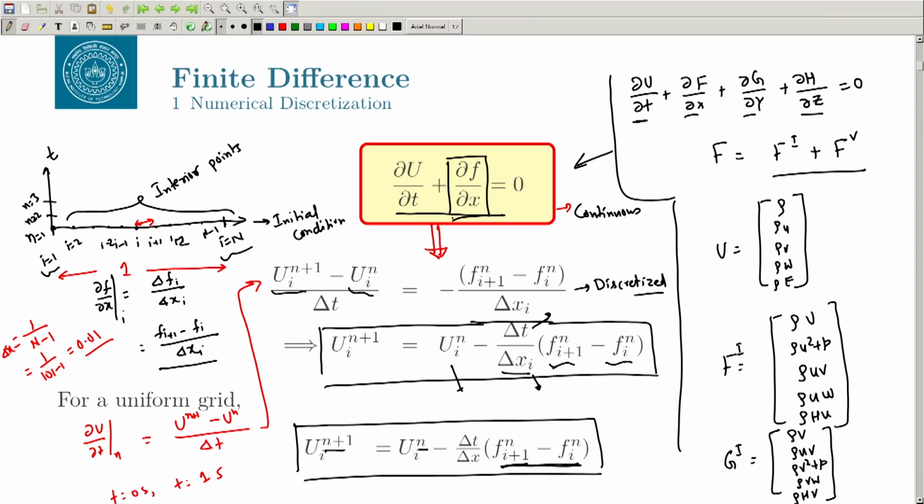In the finite element, you have the basis function, and to get the derivative you write the function in terms of the basis functions, and then you get the derivatives from that. In the finite difference, what we do is make use of the Taylor series.